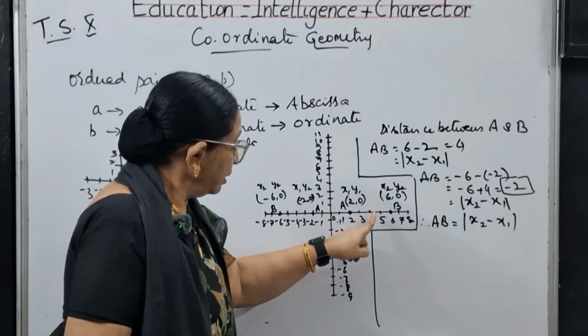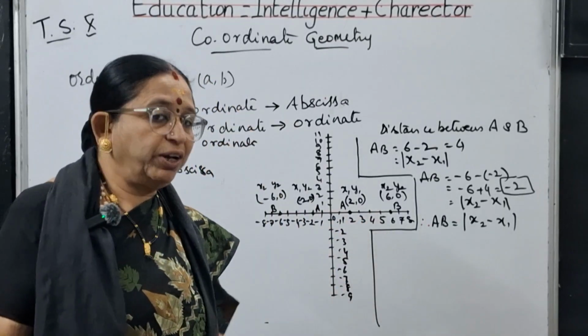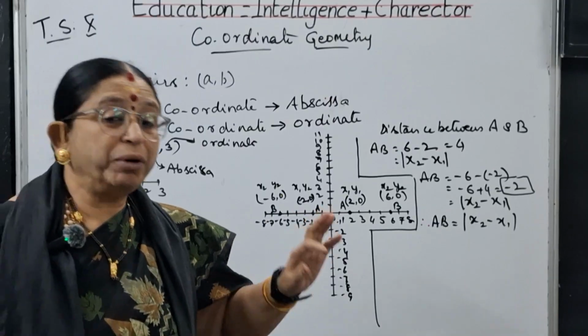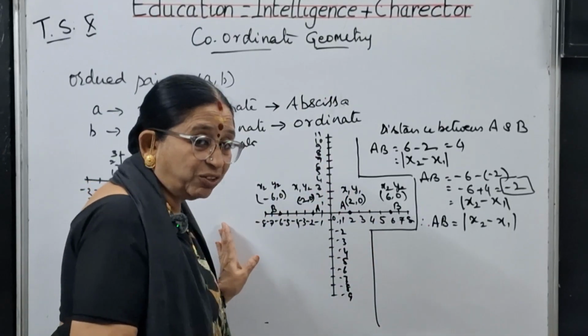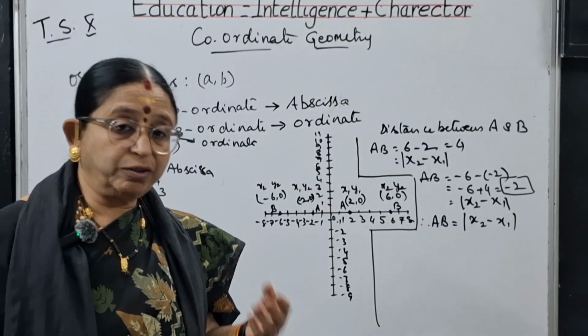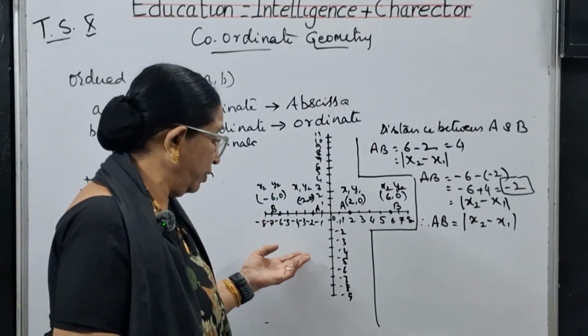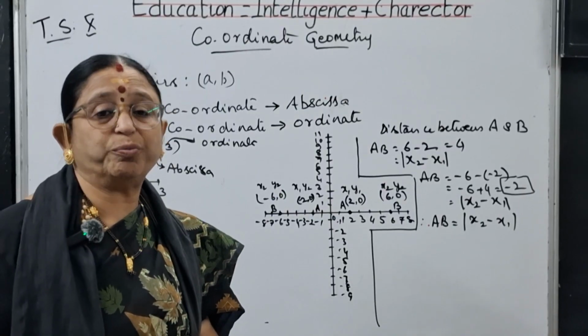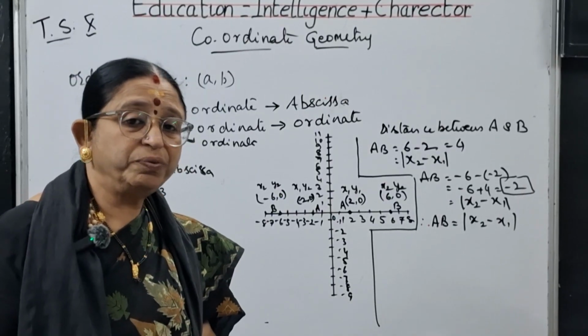Just because on the positive side, anyway you will be getting a positive answer, so there is no question about it. But when you are talking about the negative side, you may get the answer as minus. If you get the answer as minus, what should you do?